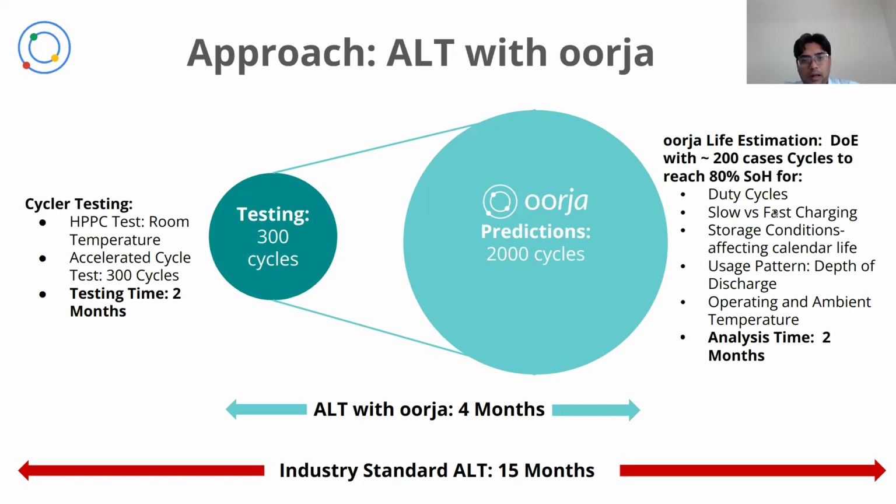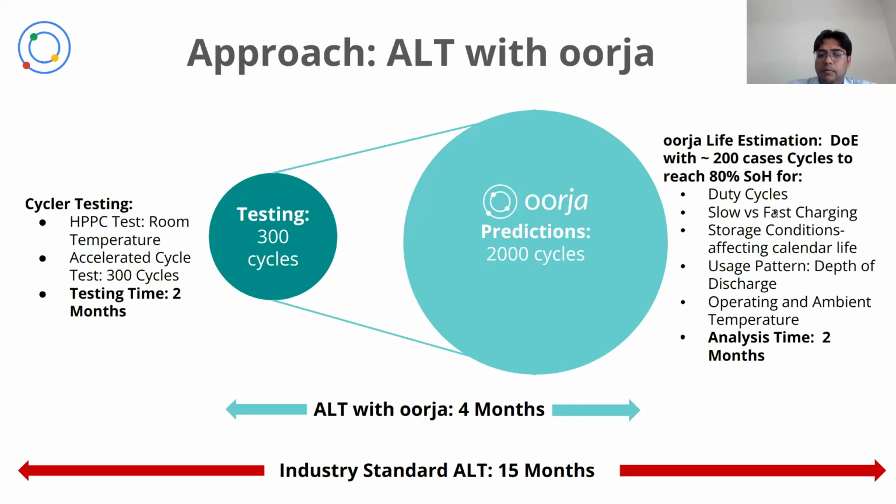And then there are different patterns that you can analyze the behavior for. For example, sometimes you control the depth of discharge just to extend the cycle life of the batteries, because at extreme conditions, at the high state of charge or low state of charge, the degradation is significant, and in those cases you can experiment with the optimal depth of discharge to get the optimal life, and similarly the operating and ambient conditions.